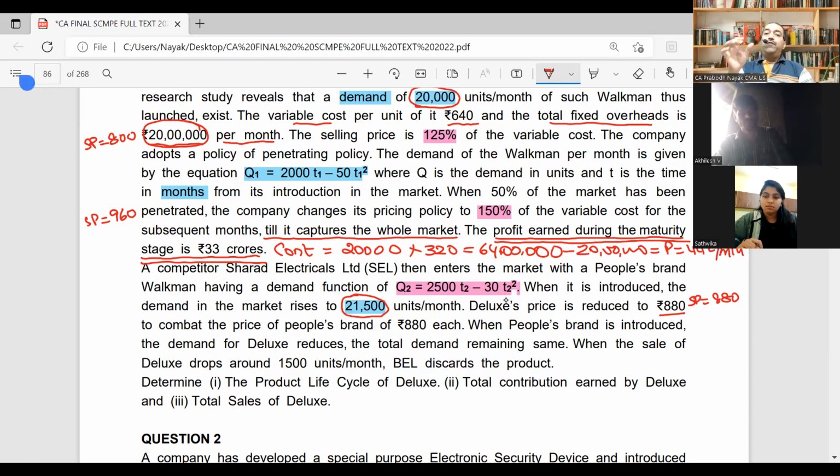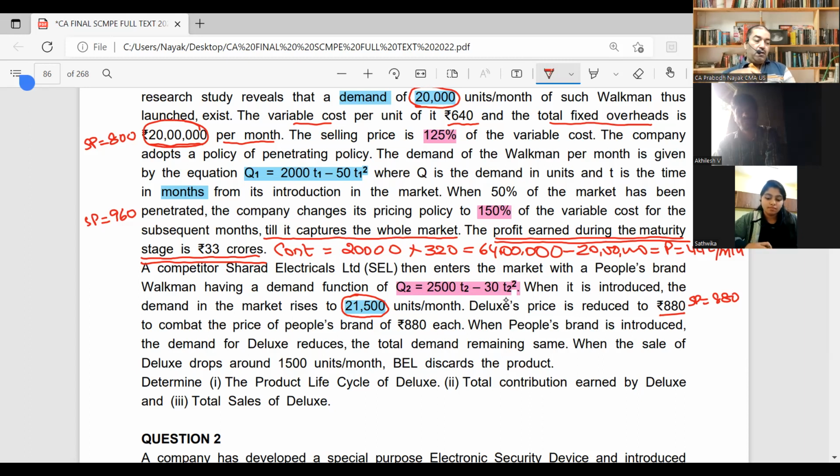But the total profit for that maturity period is 33 crores. Profit per month is 44 lakhs per month. So what do I do? 33 crores divided by 44 lakhs, I'll get the number of months.